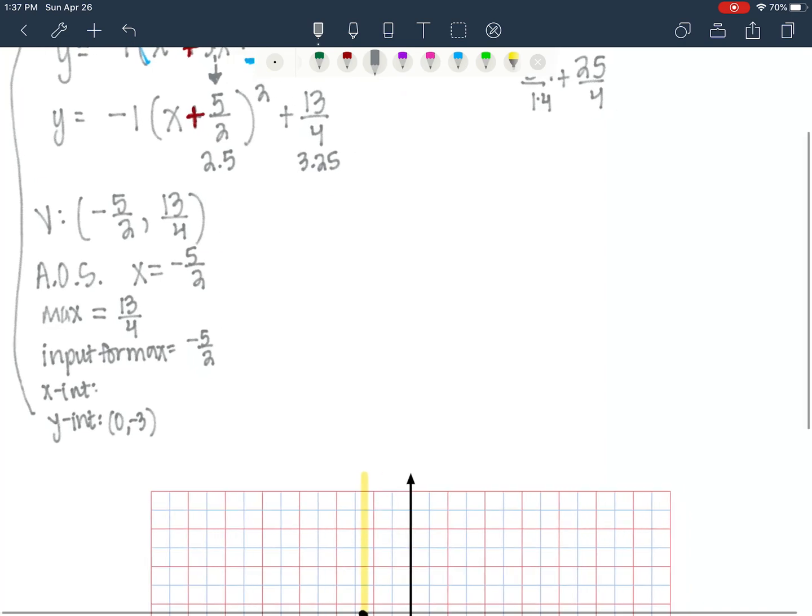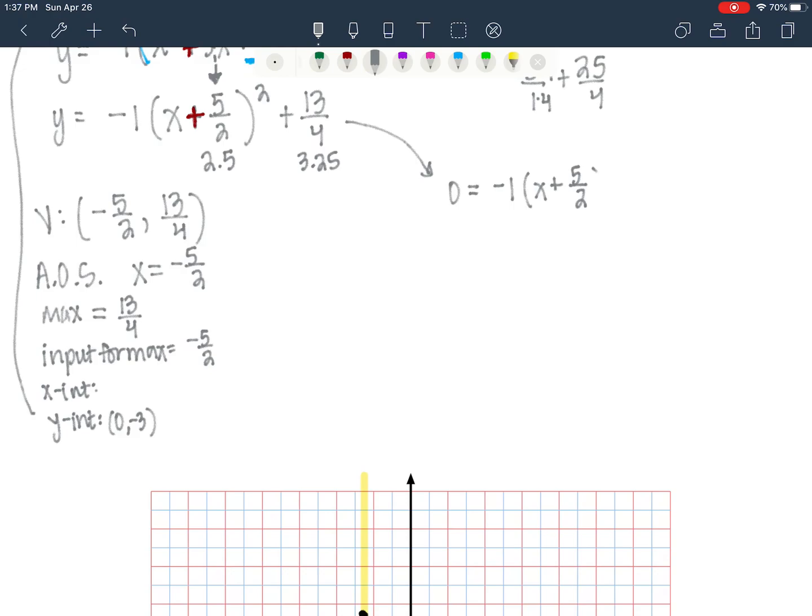So my x-intercept, you put a 0 in for y, and then we are going to solve. So I'm going to subtract 13/4, and then I'll be able to multiply, or you can think of it as division, both sides by a negative.